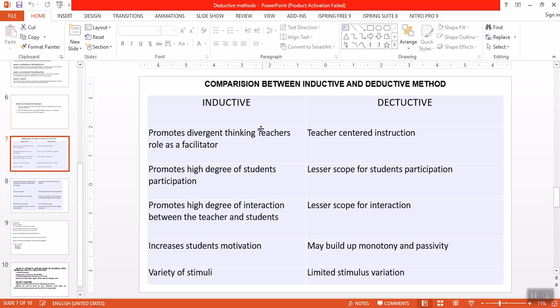Inductive increases student motivation because they need to think, and they are encouraged to write more and more if such a method is practiced. Whereas the deductive may build up monotony and passivity, so students become very passive listeners. The inductive methods have a variety of stimuli, whereas in the deductive it is limited.